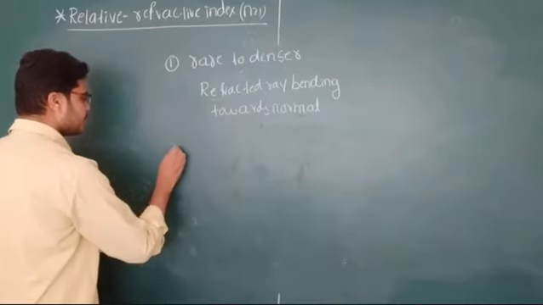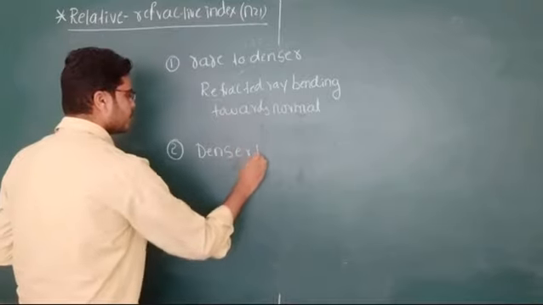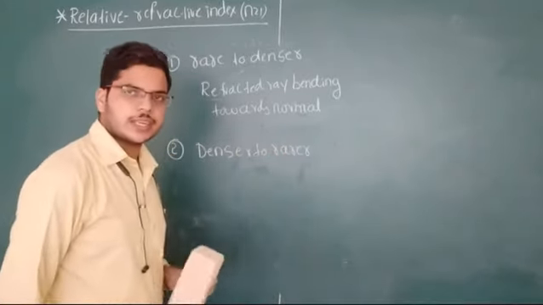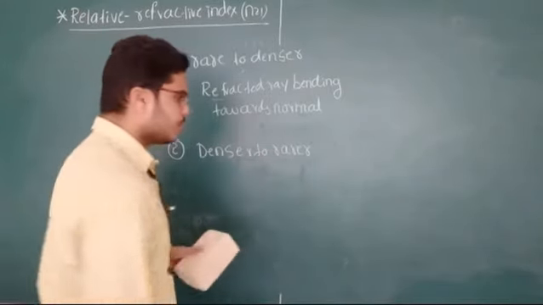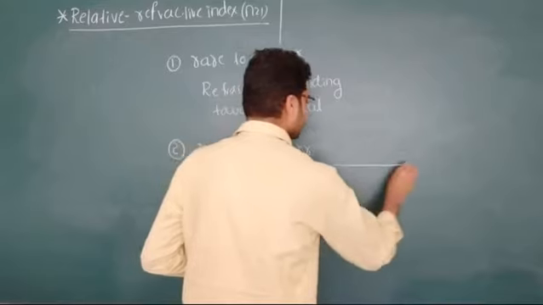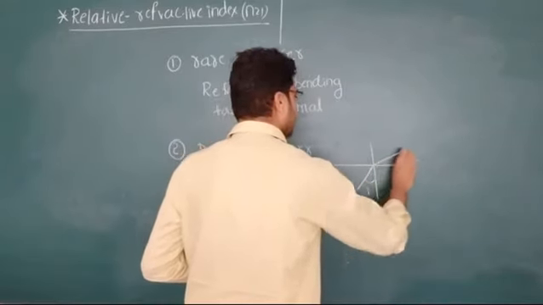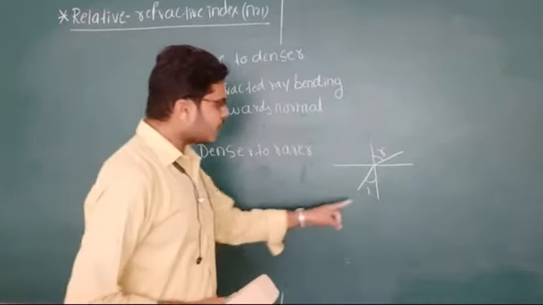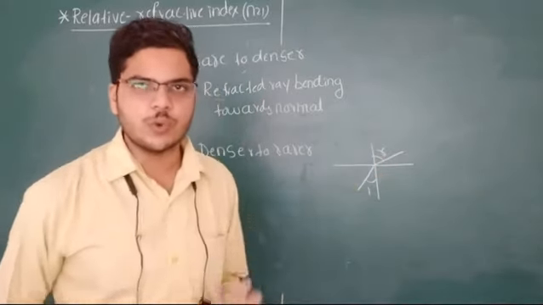In the second case, denser to rarer, when the ray of light is traveling from denser medium to rarer medium, if you look at the diagram, the angle of incidence is less and the angle of refraction is more.